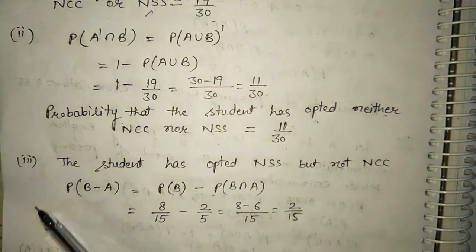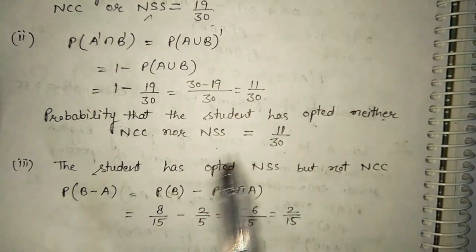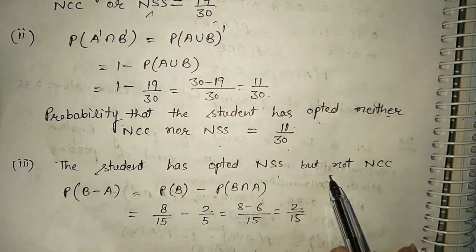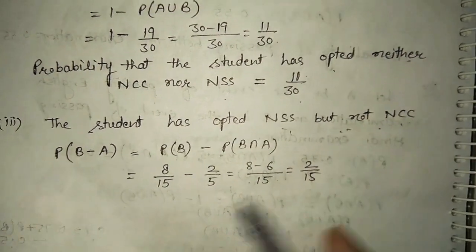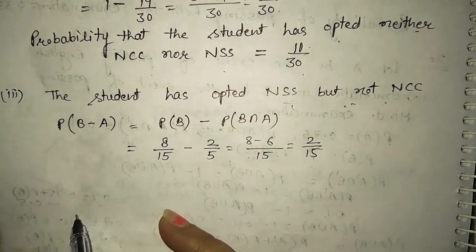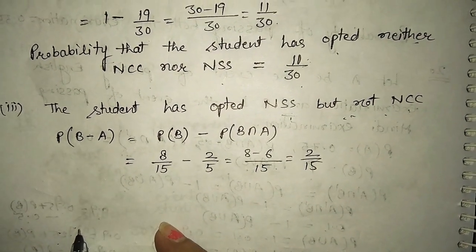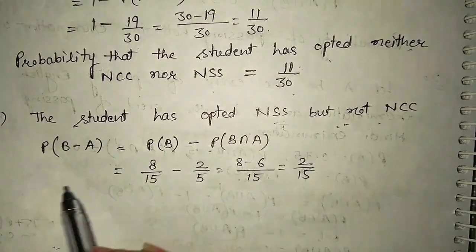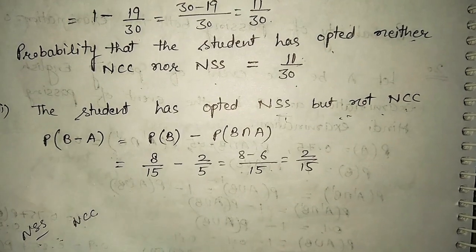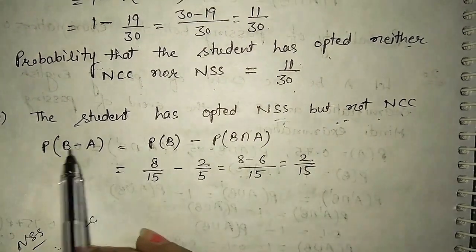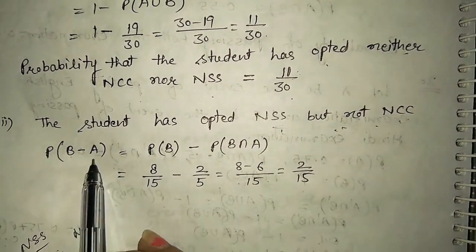Now look at the third part. The student has opted NSS but not NCC. This type of question we have done earlier, जैसे वहां करते थे कि only tennis, only cricket. So this is that type of question कि NSS में opt करेगा लेकिन NCC नहीं करेगा. So we take NSS as B event and NCC as A event.